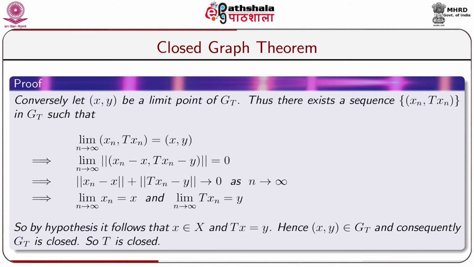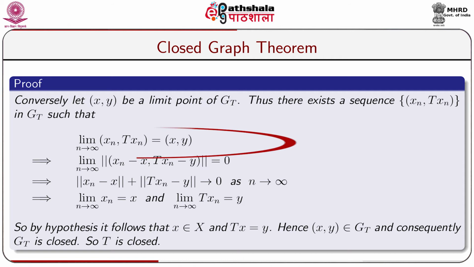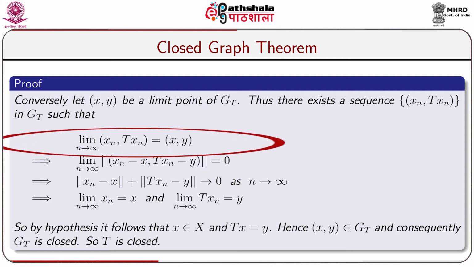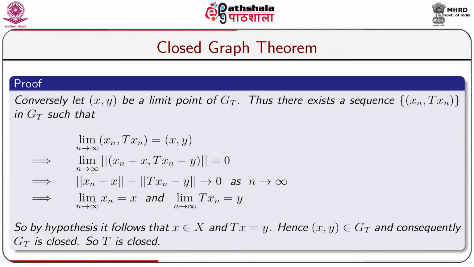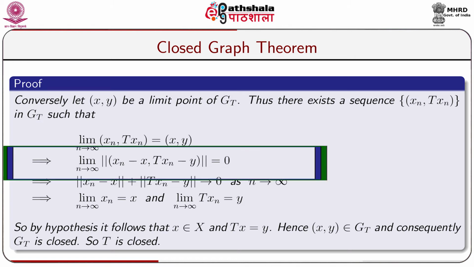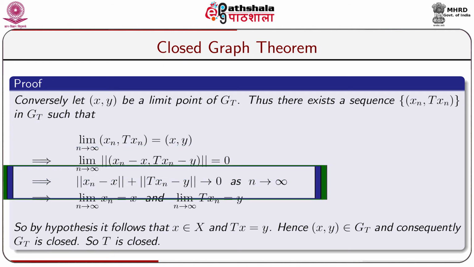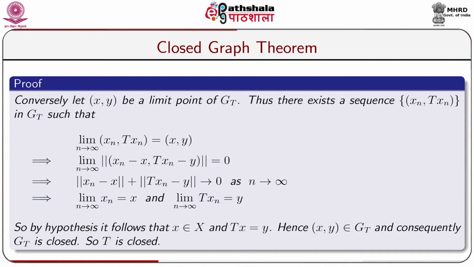Thus, there exists a sequence (x_n, T x_n) in G_T such that the limit as n tends to infinity of (x_n, T x_n) is equal to (x, y), which implies that the limit as n tends to infinity of norm of (x_n minus x, T x_n minus y) is equal to 0, which again implies that norm of x_n minus x plus norm of T x_n minus y goes to 0 as n tends to infinity, which implies that the limit of x_n is equal to x and the limit of T x_n is equal to y.